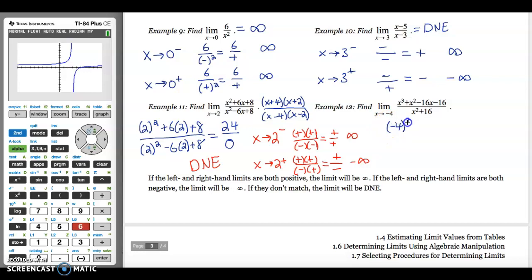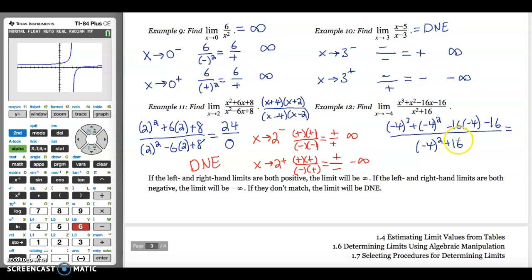So -4 cubed plus -4 squared minus 16 times -4 minus 16 all over -4 squared plus 16. And this one, I might have to use my handy dandy calculator for that one. Or you can try and do it in your head too.